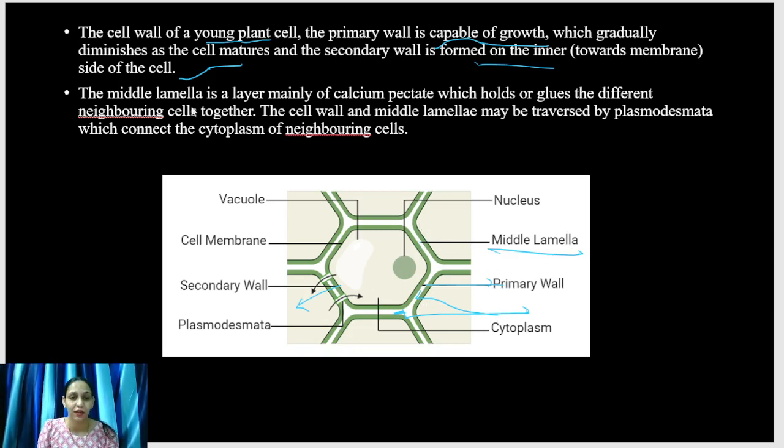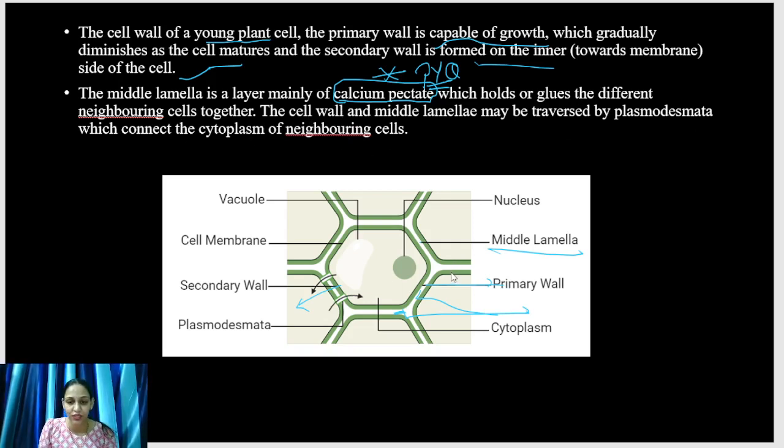Firstly, read this paragraph. The middle lamella is a layer mainly of calcium pectate. Remember this point, please. Middle lamella. This is very important and also a previous year question, which holds or glues the different neighboring cells together. The cell wall and middle lamella may be traversed by the plasmodesmata, which connect the cytoplasm of neighboring cells.